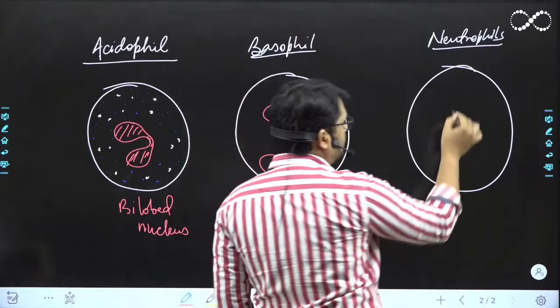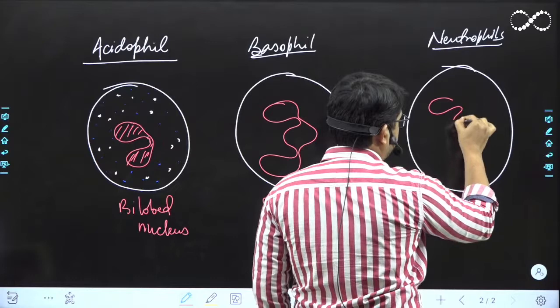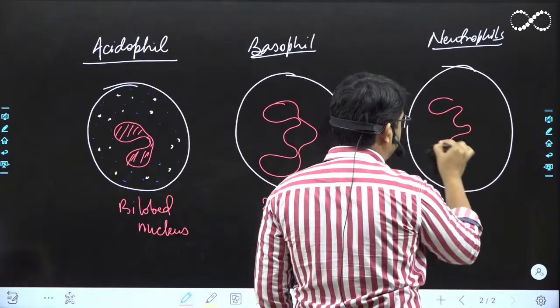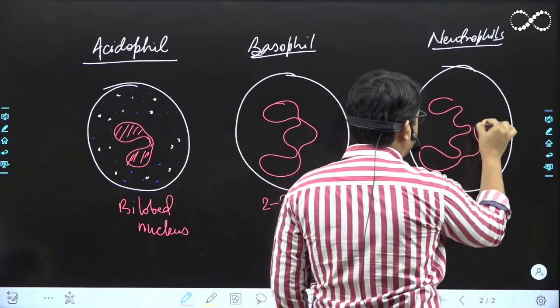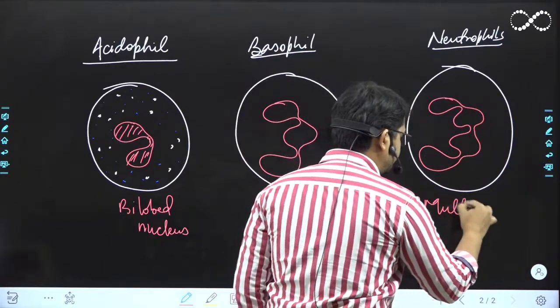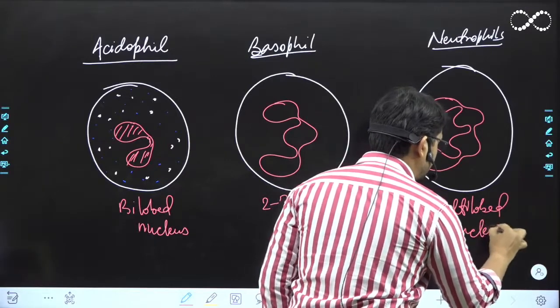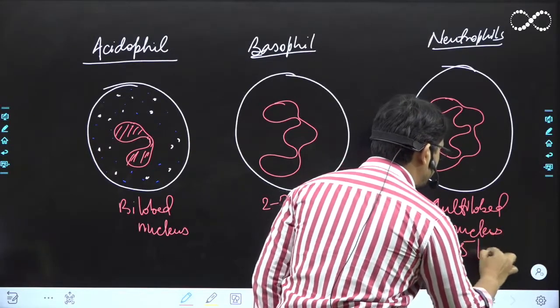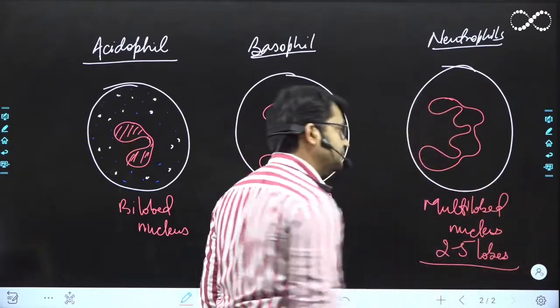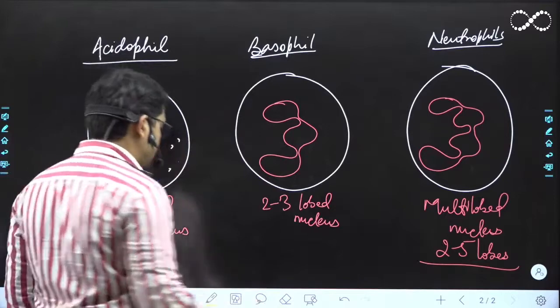And if we look at the nucleus, nucleus could be something like this. है ना? So it is multi-lobed. Multi-lobed nucleus, 2 to 5 lobes. Got it? ध्यान रखिएगा इस चीज को आप लोग.